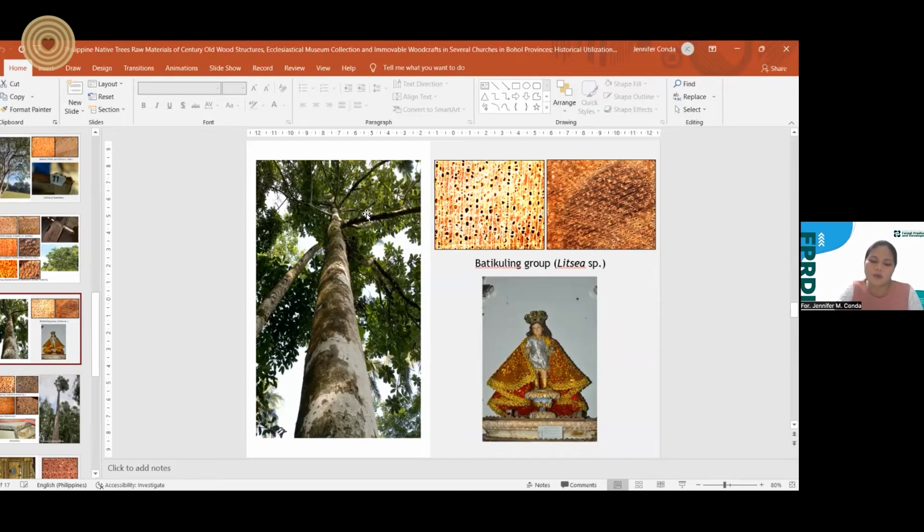There is a presence of oil cells. These oil cells are a specific characteristic of this group, which helps it to be easily carved, because when you carve the species, it is very smooth.